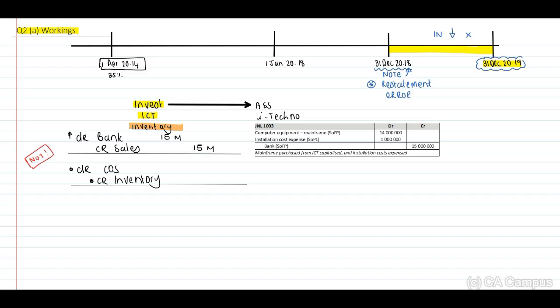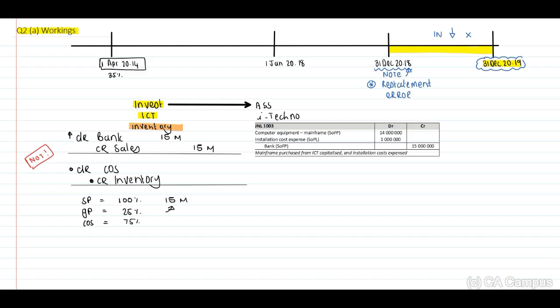If we look at the information, they've indicated to us that 25% gross profit. Therefore, our selling price will represent 100%, and this will be the 15 million. Our gross profit will represent 25% of the 15 million, and therefore our cost of sales will represent 75%.